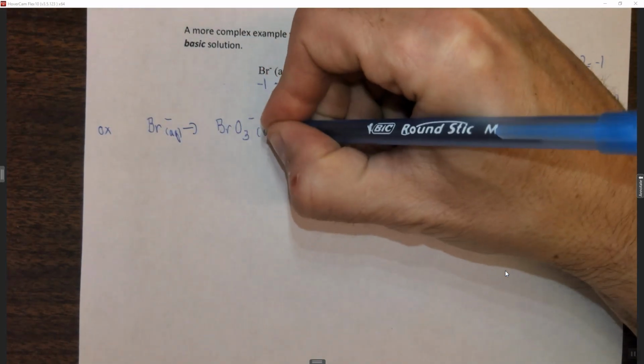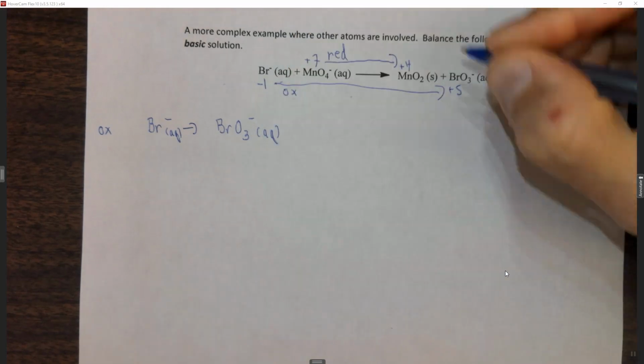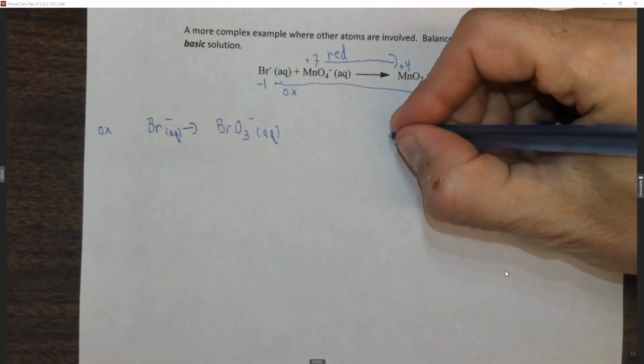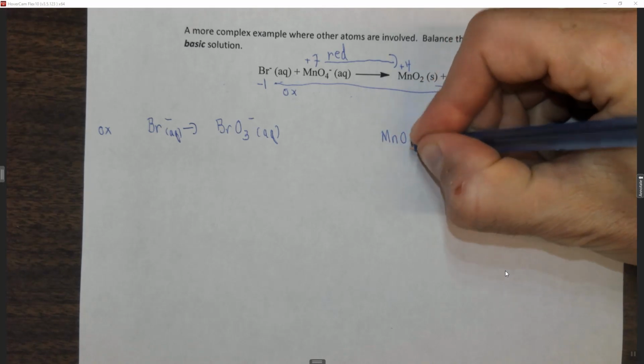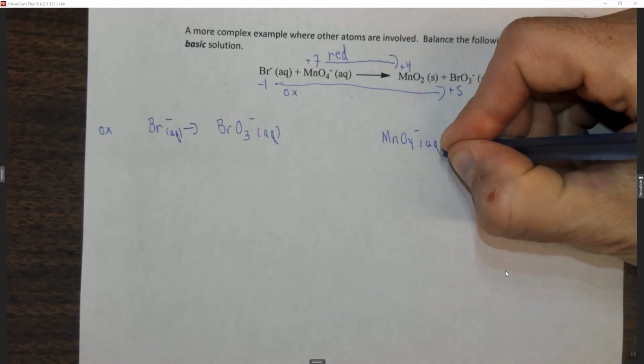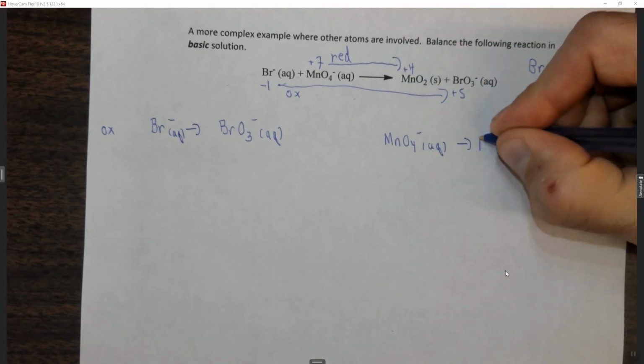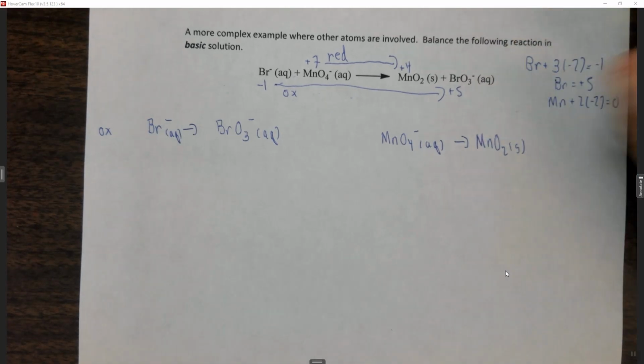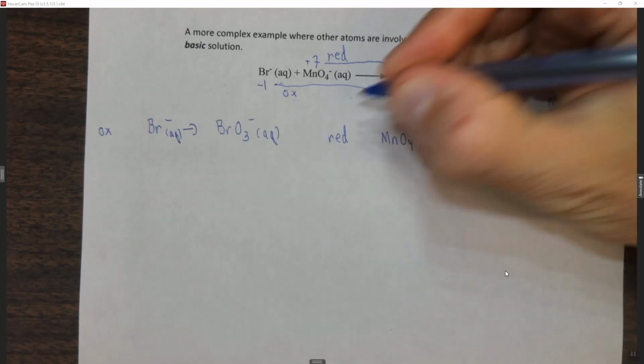And my other half reaction is MnO4⁻ aqueous yields MnO2 solid, and this is for reduction.